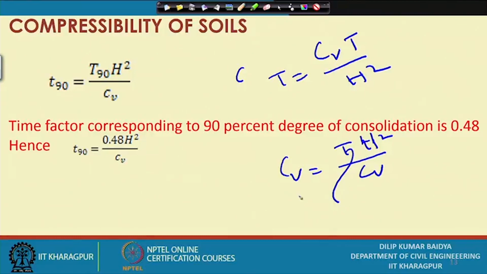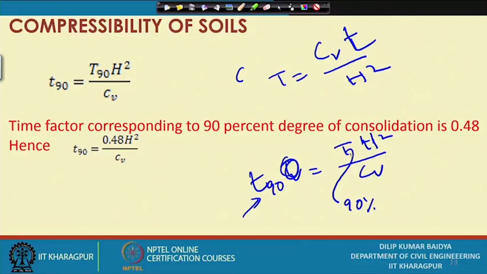Sorry, this is not capital T, this is small t. So, t equals T into H square by CV, this is actually small t. So, this t corresponding to 90%, since we have already got our U, this is also 90%. So, t90, that means time required for completing 90% consolidation, we can find out from this expression.